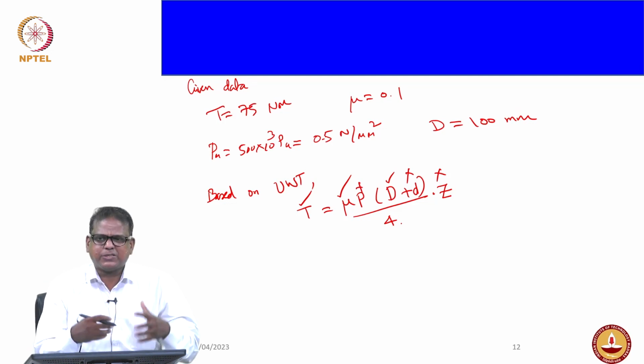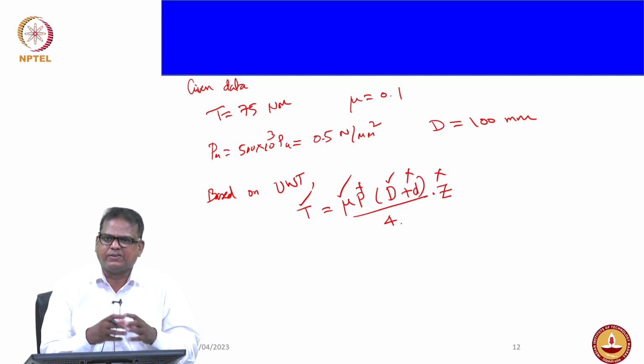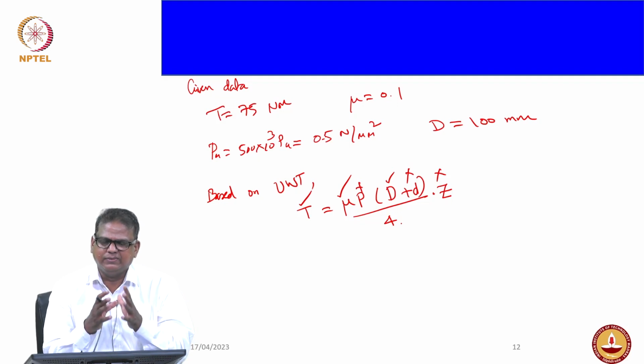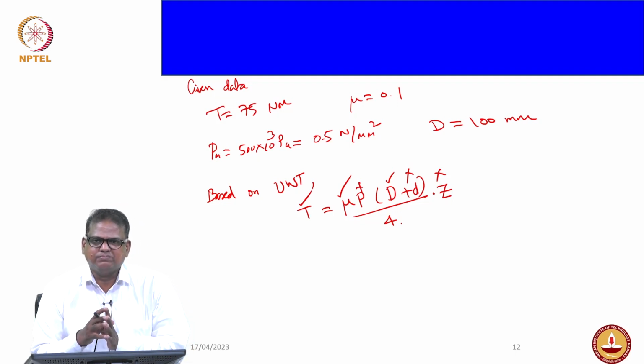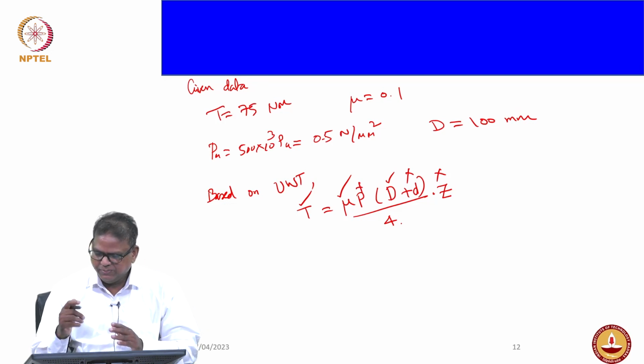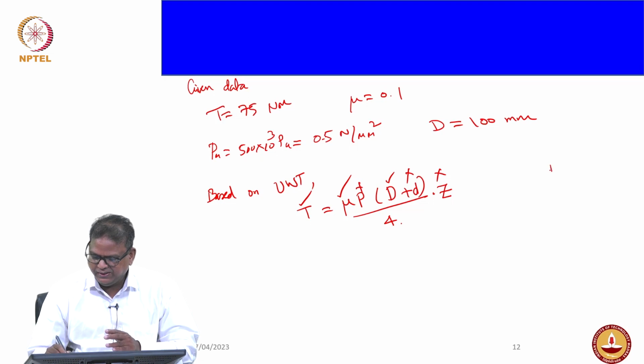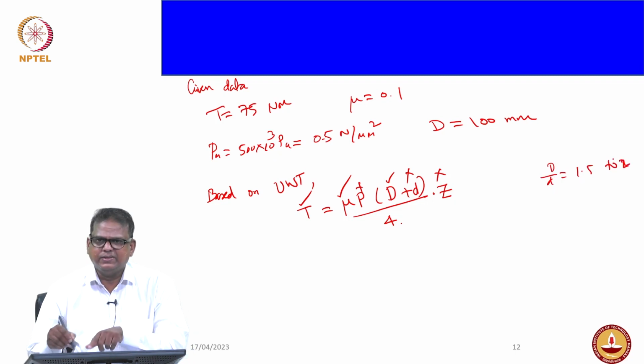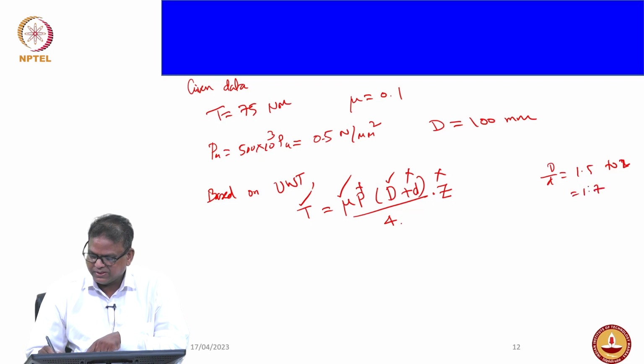When do you expect the maximum torque to be transferred in a clutch system? Remember, I said to keep the d by D ratio between 1.5 and 2; I gave 1.7.